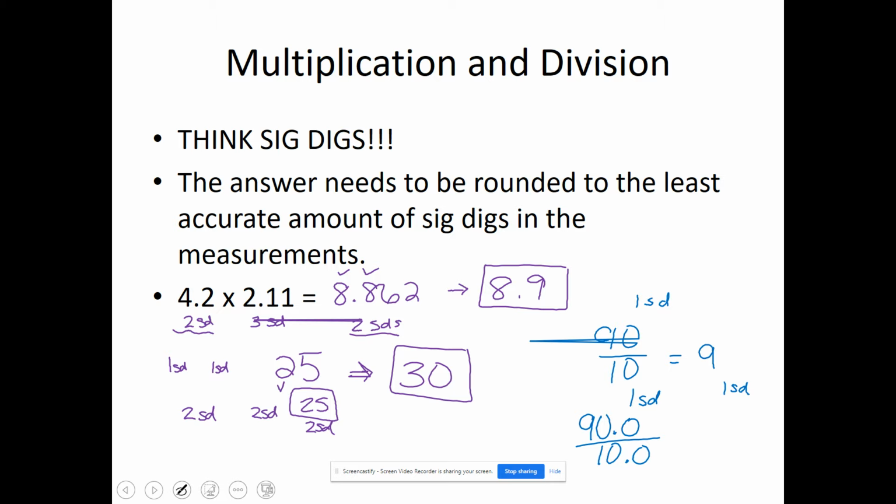Just making sure. Each of these has 3 sig digs. So your answer would have to have 3 sig digs, so you put 9.00. If you need more sig digs, like when you divide and get 9 but we need 3 sig digs, you put 0.00 to come up with all 3 of your sig digs.